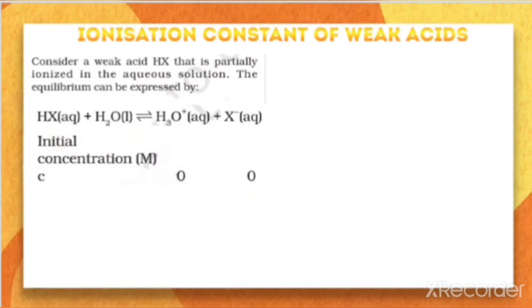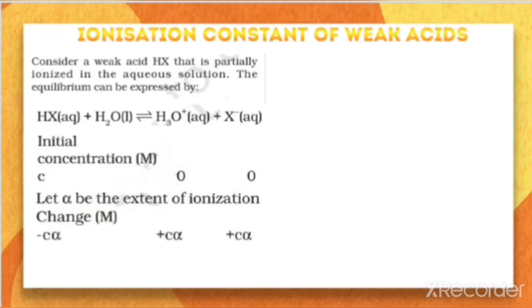Therefore at the initial stage the concentration of product is 0, and the concentration of water we are taking as a constant value. Next, alpha is the extent of ionization, that means how much ionization is taking place.